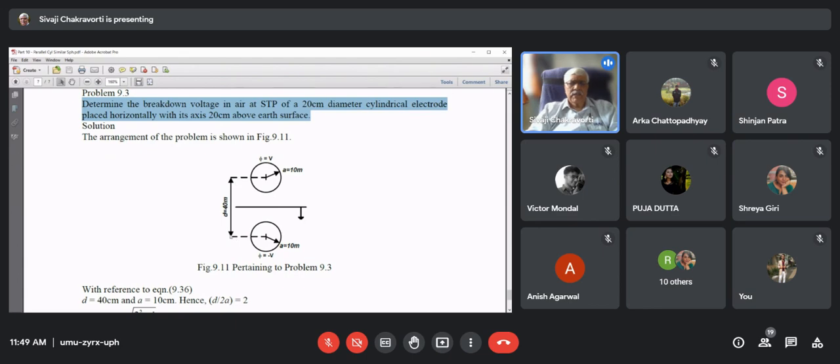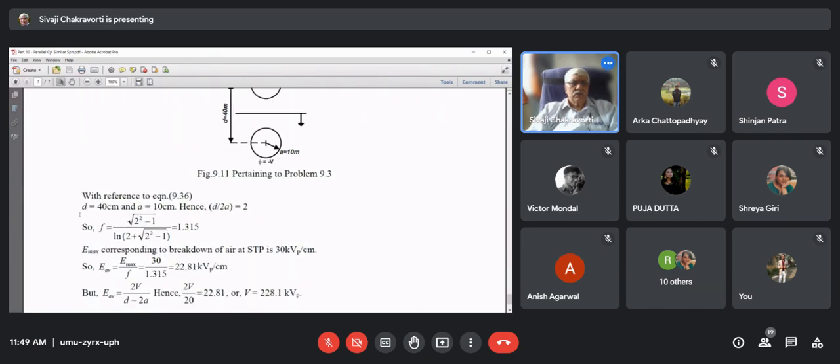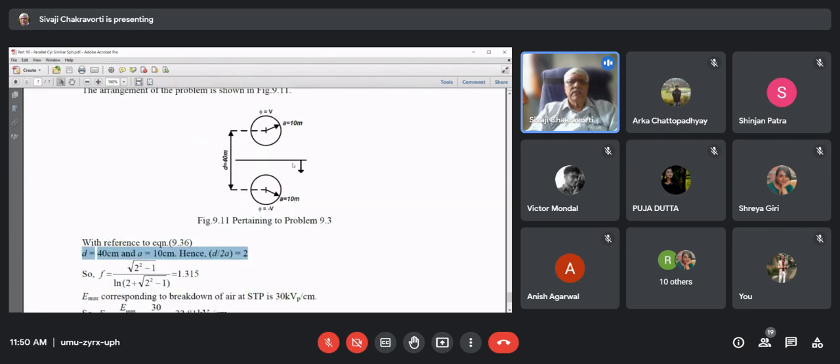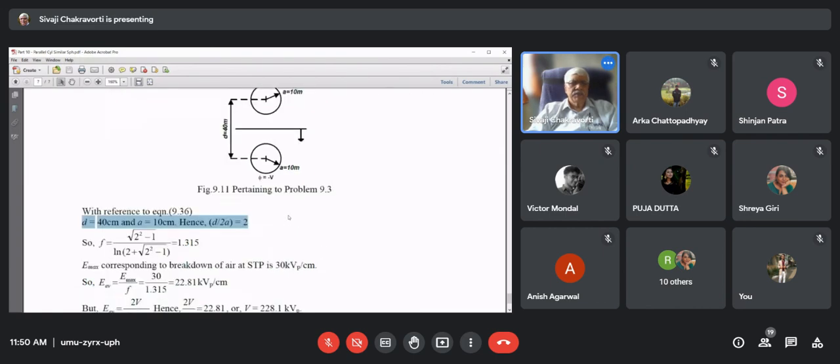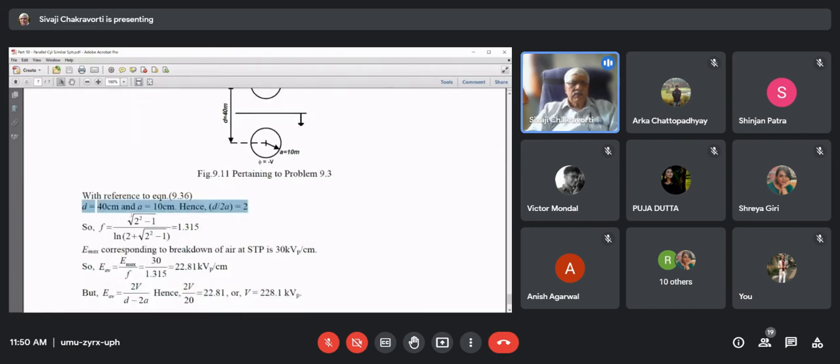So the distance between the two axes, that is our D, will become 40 centimeters, and the radius is 10 centimeters. There is a mistake here: all are written in meters, but actually they should be in centimeters.